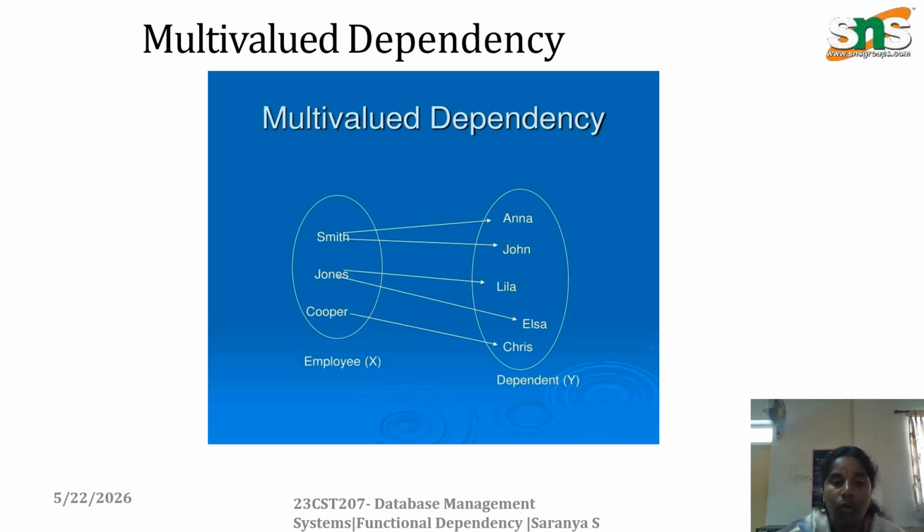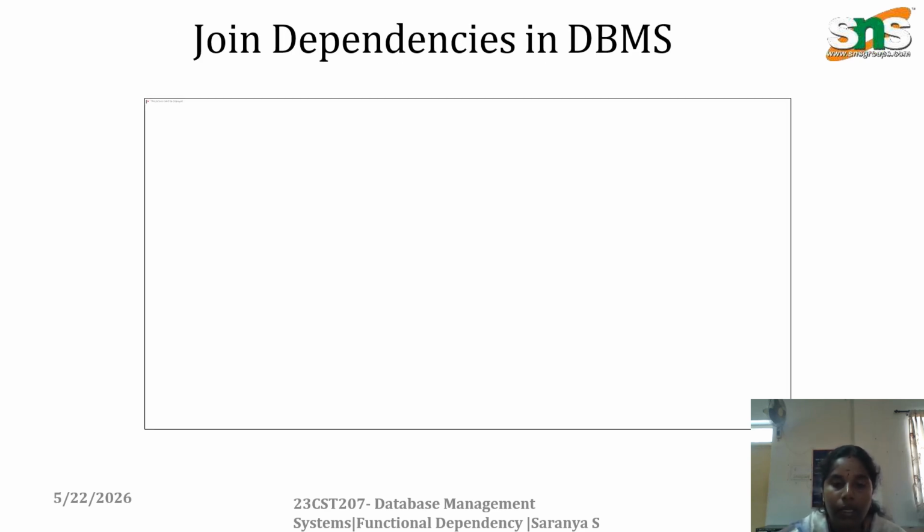Here is an example of a bike with model, color and accessories. Suppose X is the bike model, Y is the color and Z is an accessory. The bike model is associated with a group of colors and a group of accessories.